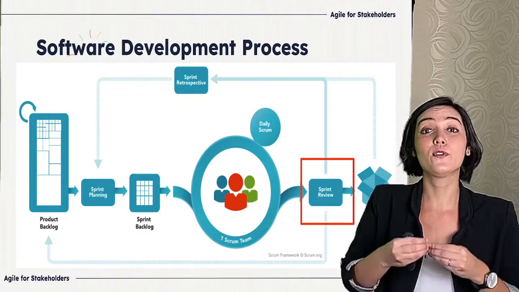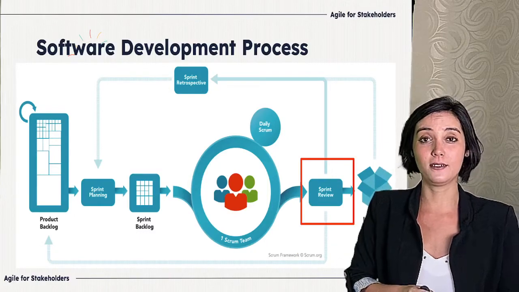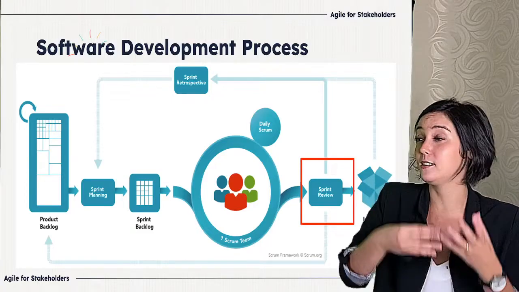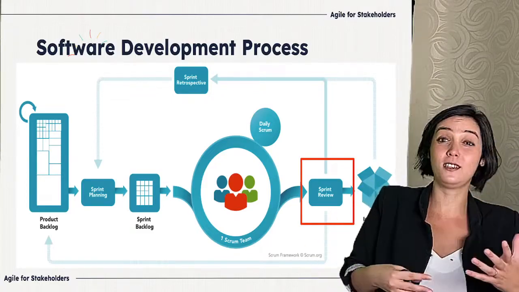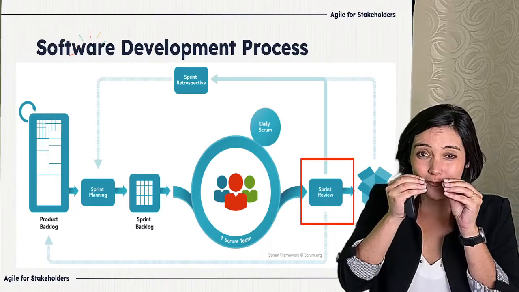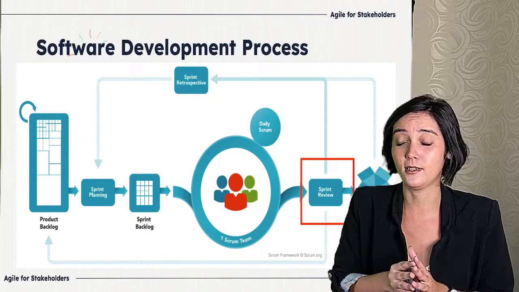This sprint review is when the stakeholders see the increments, and we adjust the product backlog if needed, because there were market changes or strategy changes. So the sprint review is primordial in this Scrum process.